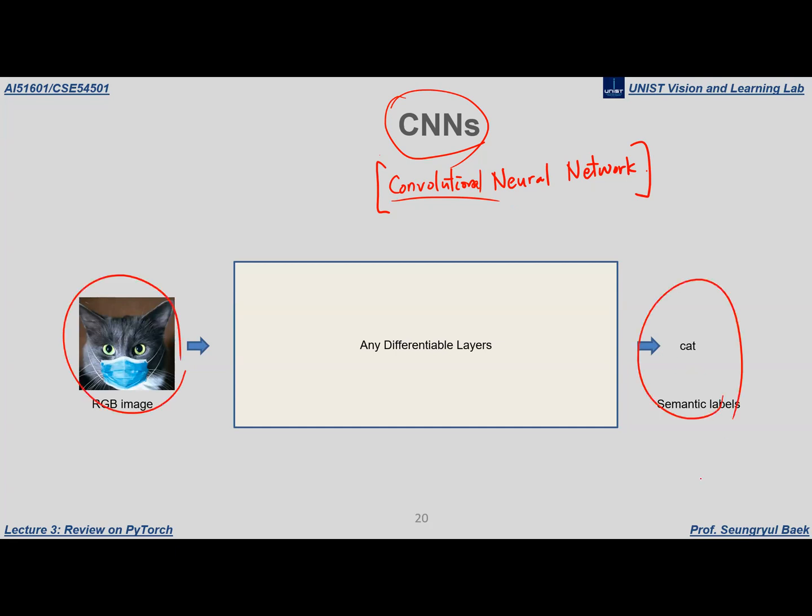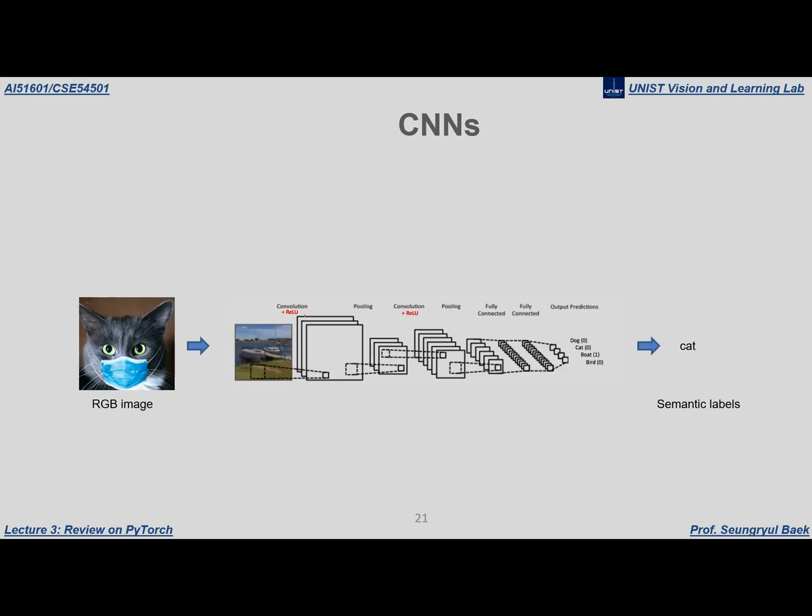In between the image and the semantic labels, any differentiable layers could be here, right? We can locate any differentiable operations to constitute layers in between and train them, okay? But this convolution operation was frequently used for processing 2D arrays, 2D images, and at the same time it is differentiable, okay?